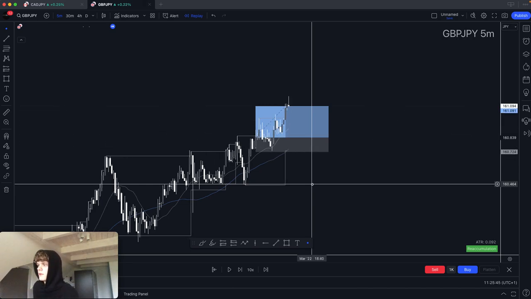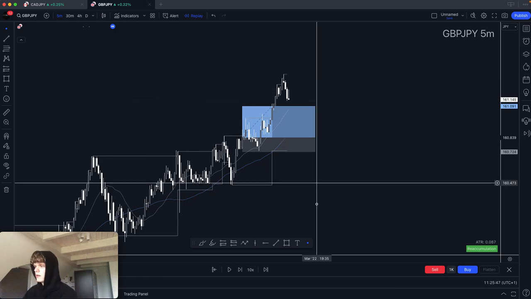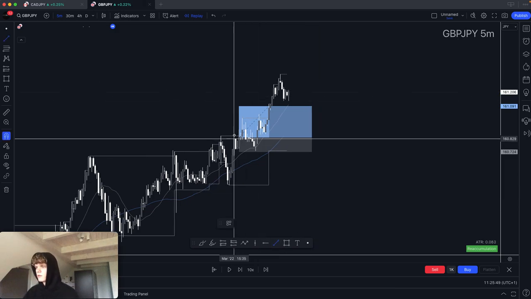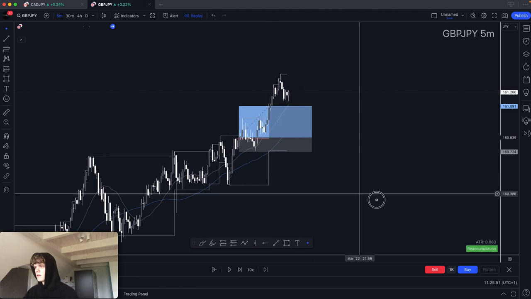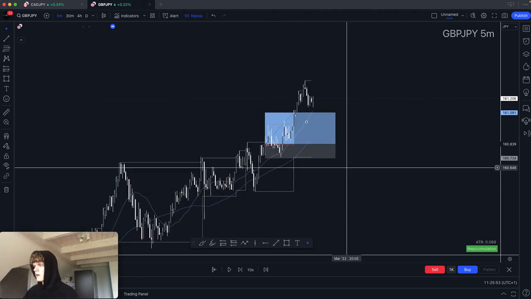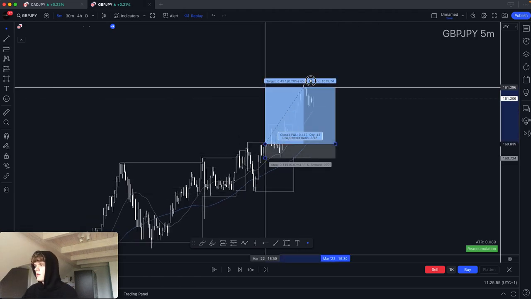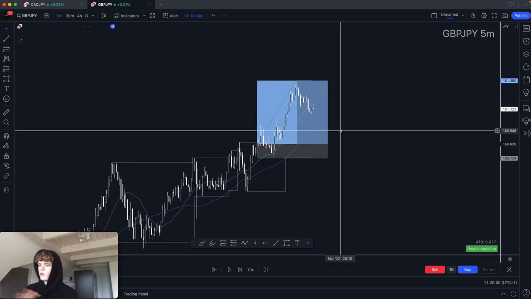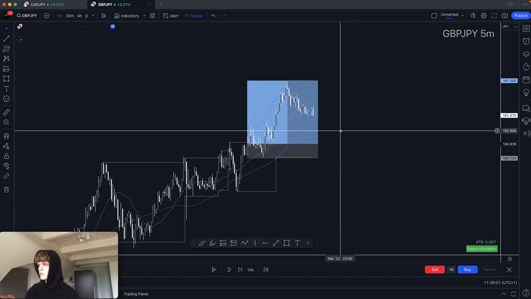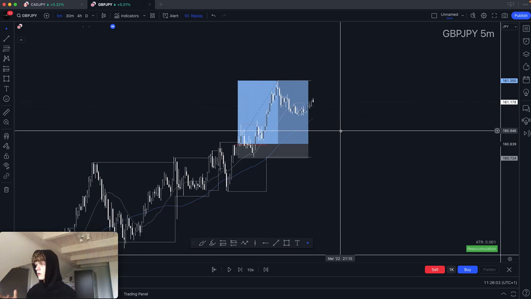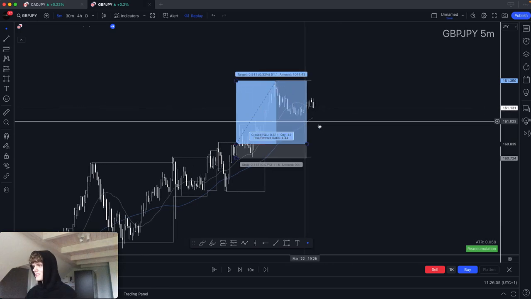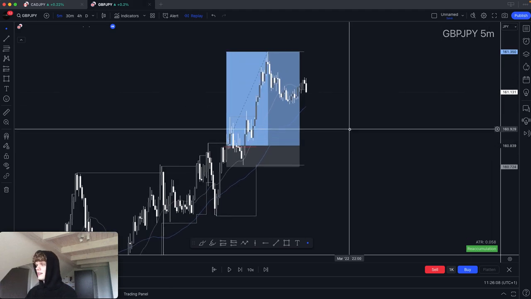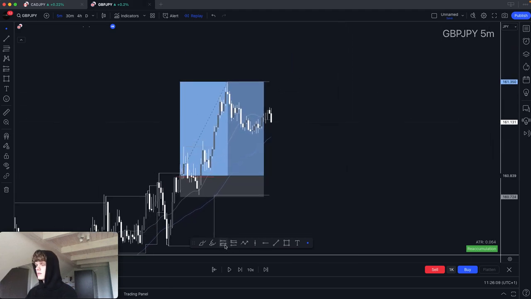But yeah, this plays out perfectly, and I'm going to quickly journal this. Something like this. Obviously, I don't worry about management just now, because I just want to see the setups playing out. And actually, I like this setup as well.